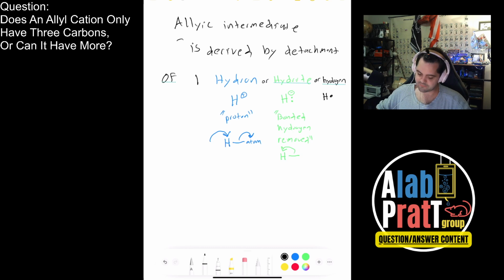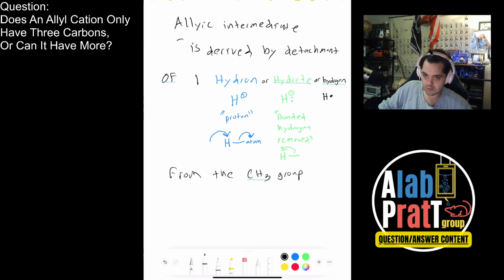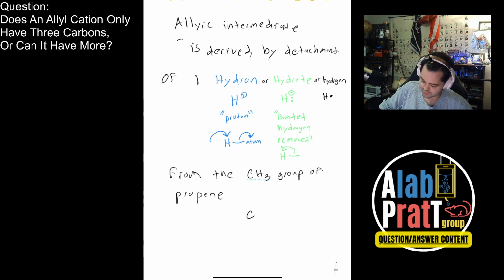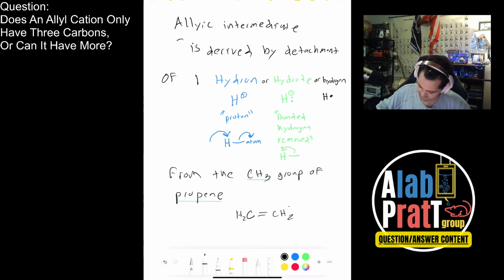Instead I want to just say that yes, indeed, if this is our definition, it ends by saying from the CH3 group of propene, which is defined as the three-carbon system that this student is asking about.